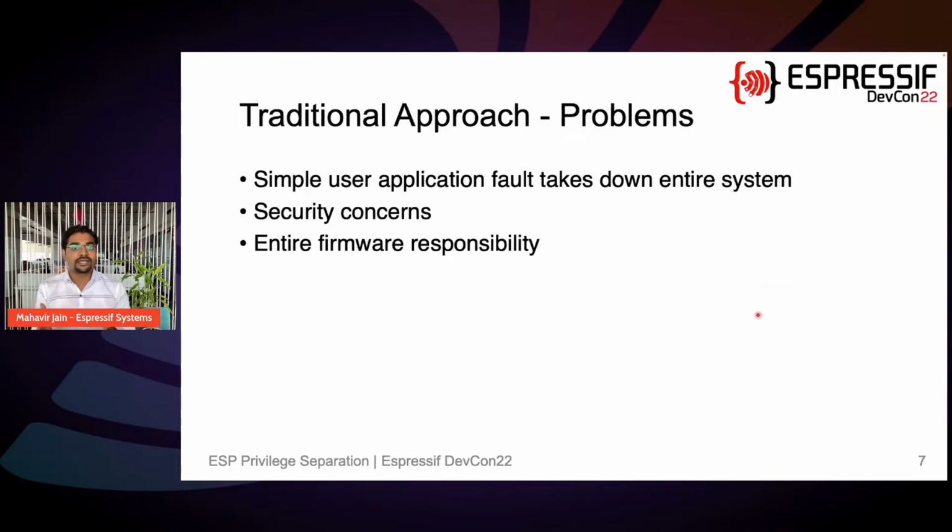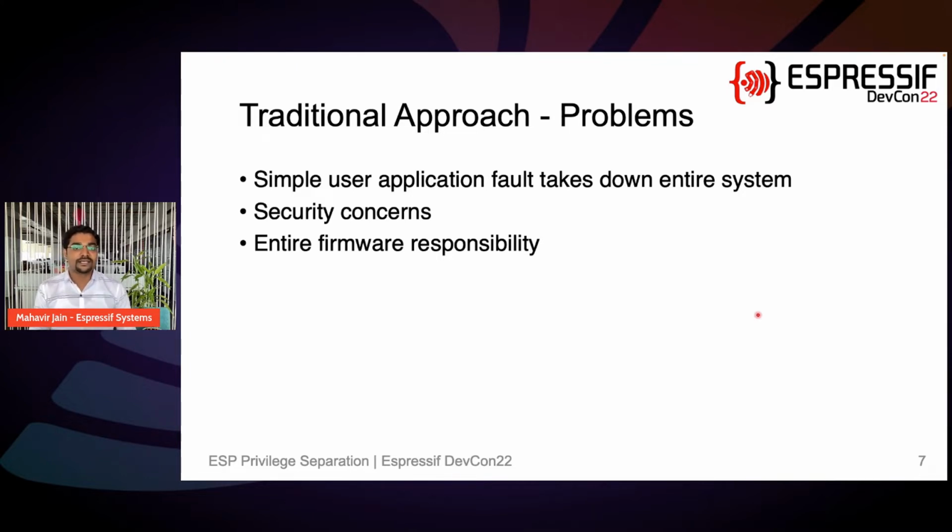So what are the typical problems with this traditional monolithic firmware based approach? A simple user application fault can take down the entire system. There are also some security concerns, because if there are any remote exploits available in the firmware, then it can have a very wide attack surface, because the firmware runs in the highest privilege mode and has access to the entire system.